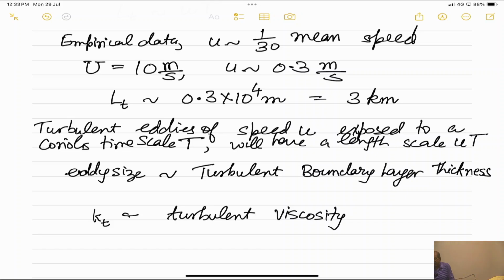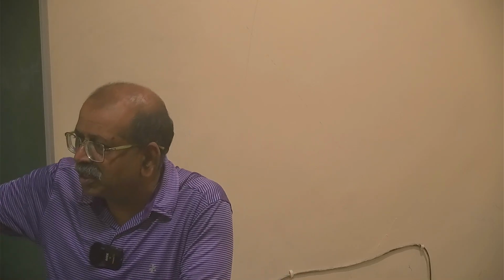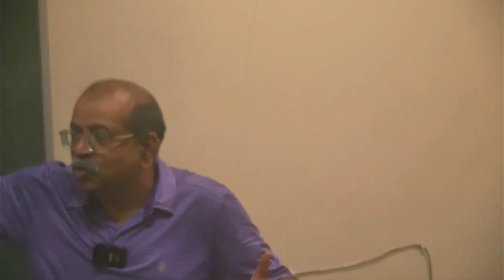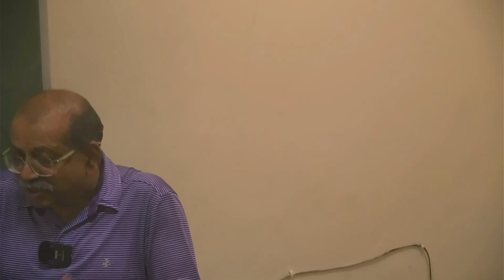So we are effectively saying that, instead of a molecular viscosity, and how this comes we have not talked about, because the length scale is much larger, if it is square root of nu t, obviously that doesn't give us the right length. So since the time scale is the same, there is some other viscosity governing this flow, not the molecular viscosity, which we call the turbulent viscosity or eddy viscosity.